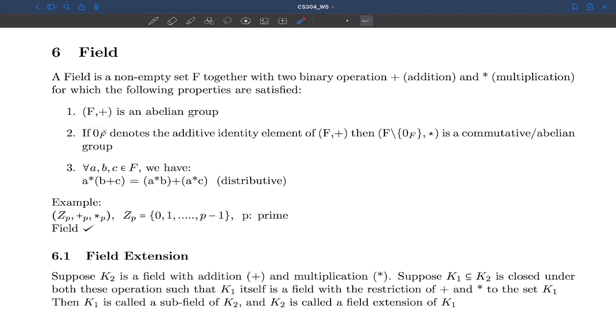But what if there is some other set for which there are two or more elements whose inverse does not exist? Then in that case it may not be true. For this set R, addition operator and multiplication operator, it is a ring also, and it is satisfying the properties of field also.